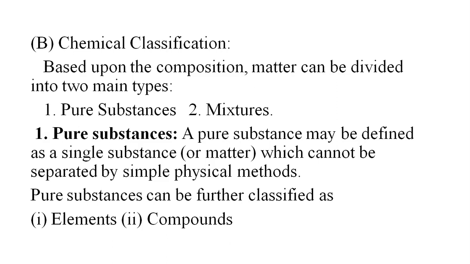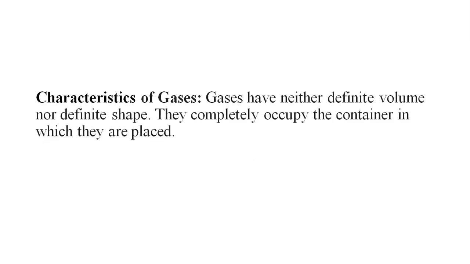We know that solids, liquids, and gases can be converted from one form to another. That is what I call interconversion of states of matter, and that is by the application of heat or change in temperature.